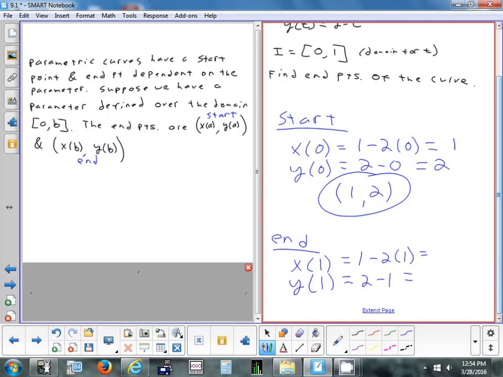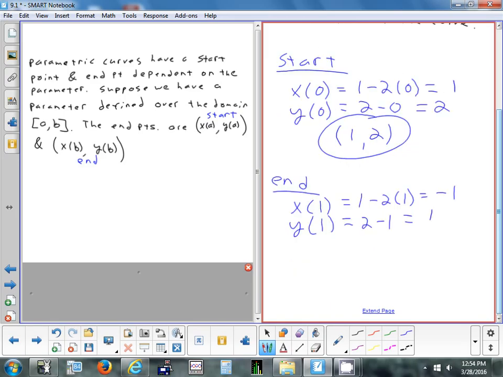Right, so Tom, what's 1 minus 2 times 1? Good, negative 1. And Olivia, 2 minus 1? 1. Okay, so what is my endpoint? Negative 1, 1. Yep, negative 1, 1.